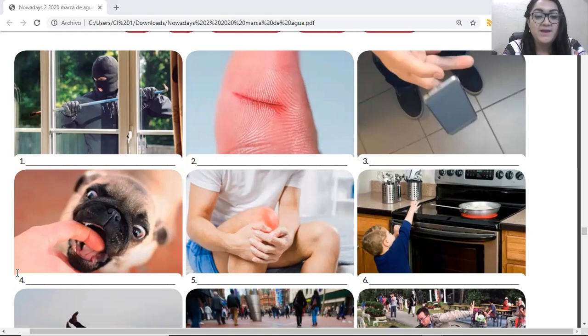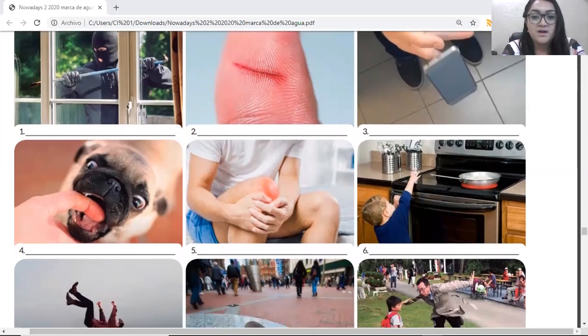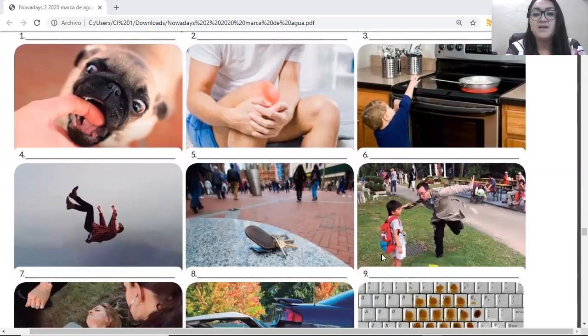Number 4 is bite. Number 5 is get hurt. Number 6, we have it in here, is get burned, quemarse. Number 7, caer, is fall. Number 8 is to lose, perder las llaves.